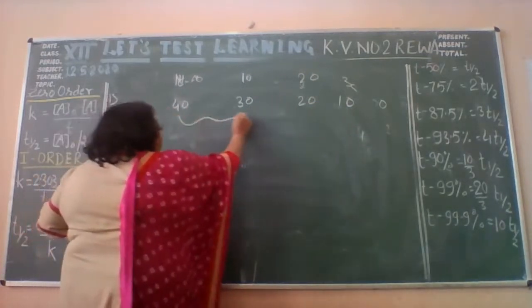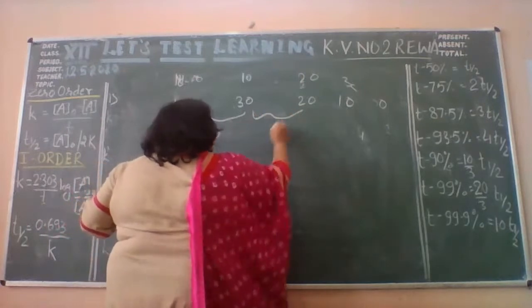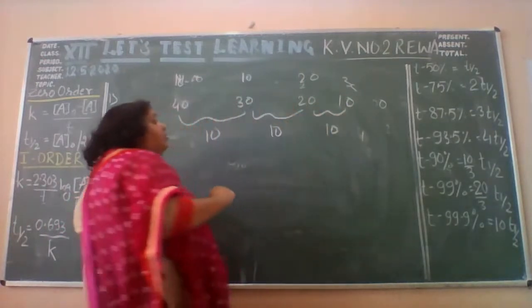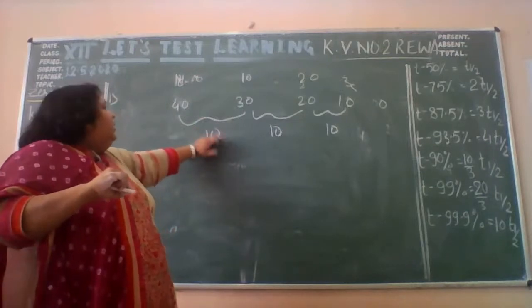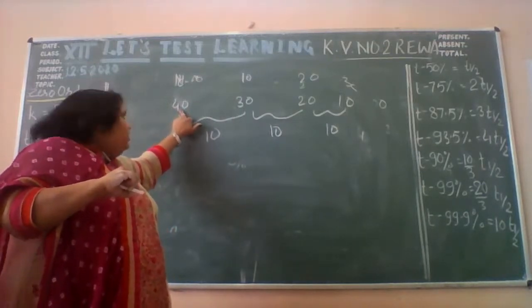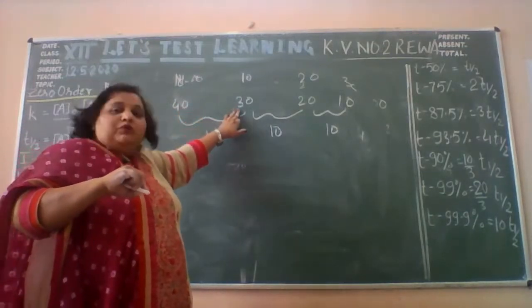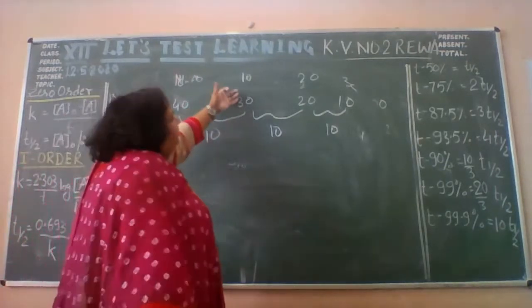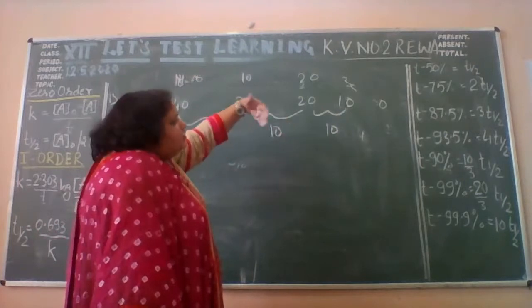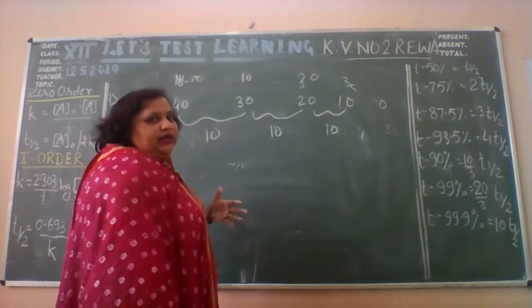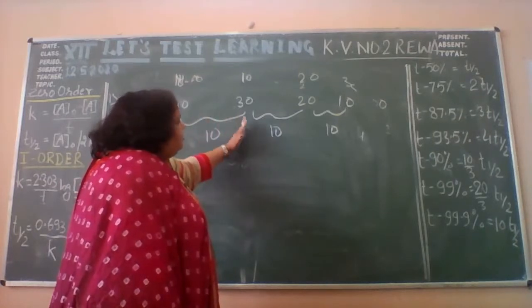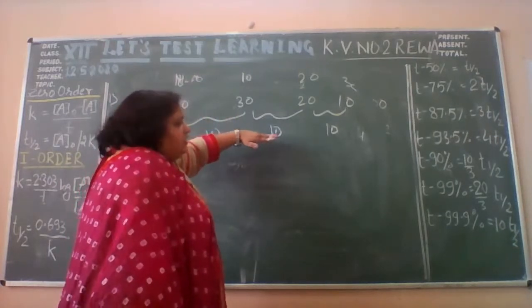Here the amount is 10, here also the amount is 10, and here also the amount is 10. But it's not 10%. The 10% of 40 is 4, so it will be a different quantity here. If it's the same percentage, that is going to be a different quantity here. For the zero order reaction, you have to see how much amount is changing.